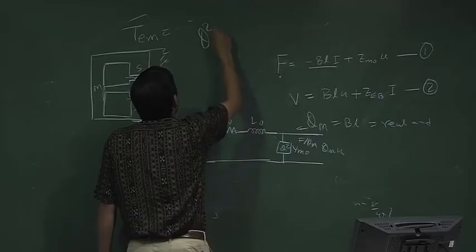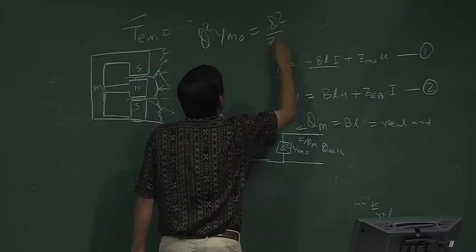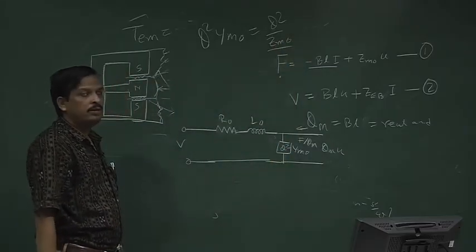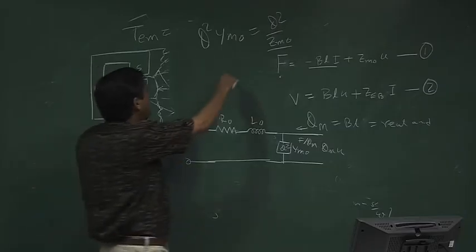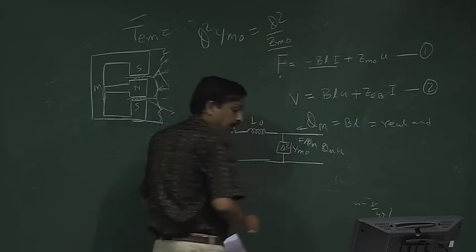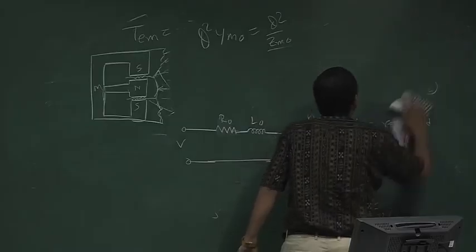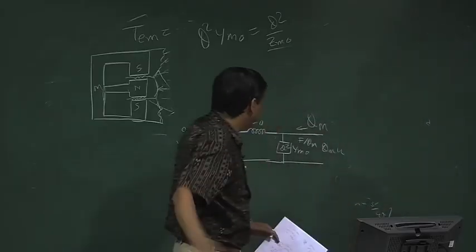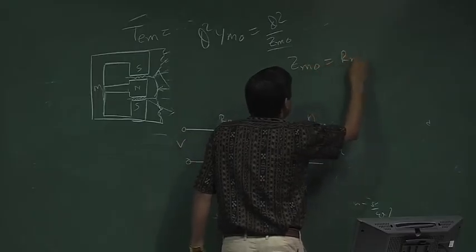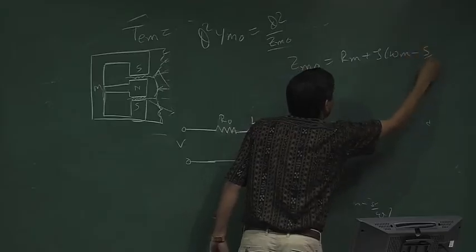So, what is phi square YMO? Phi square YMO is nothing but phi square by ZMO. Admittance becomes, if it is impedance, then YMO is nothing but 1 by ZMO. In case of ZMO, ZMO is nothing but Rm plus j omega m minus S by omega.